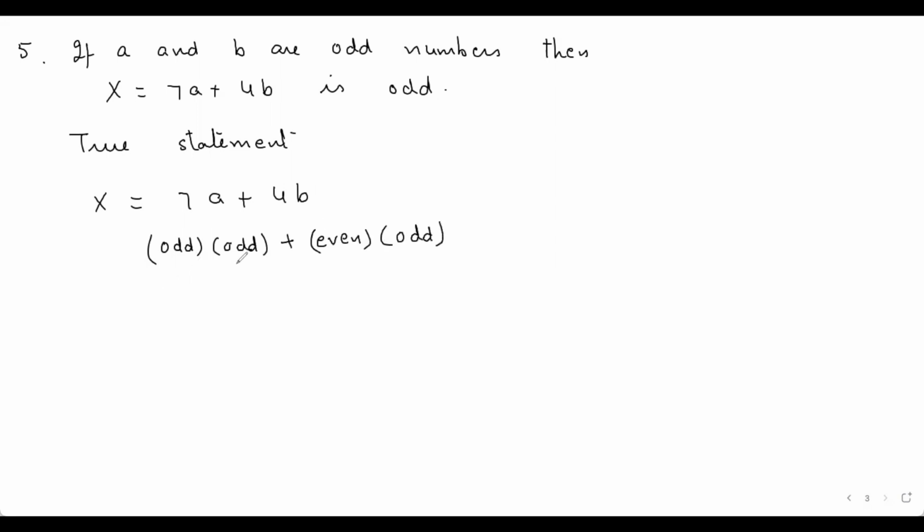We know odd multiplying odd is an odd number, whereas even multiplied with odd is an even number. If we add an odd number with an even number, it is an odd number.